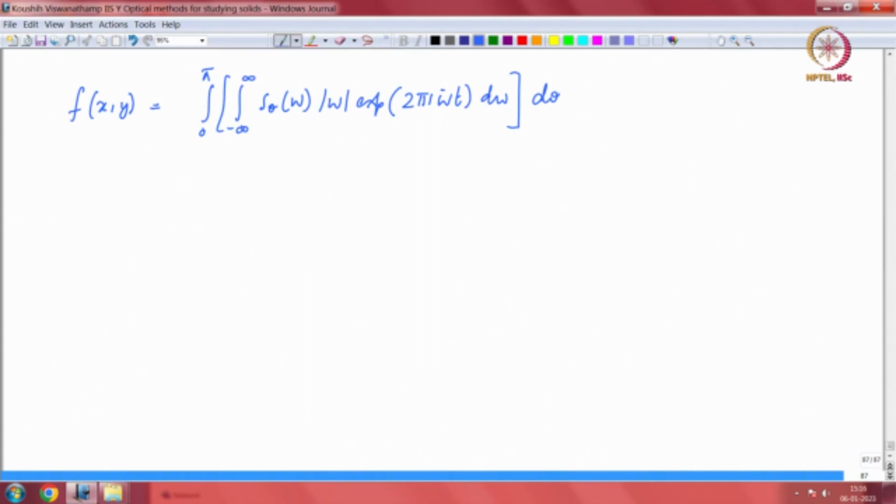This is a function of t, because w is going to be integrated out, the only remaining variable is t. So, we will call this function Q theta of t.